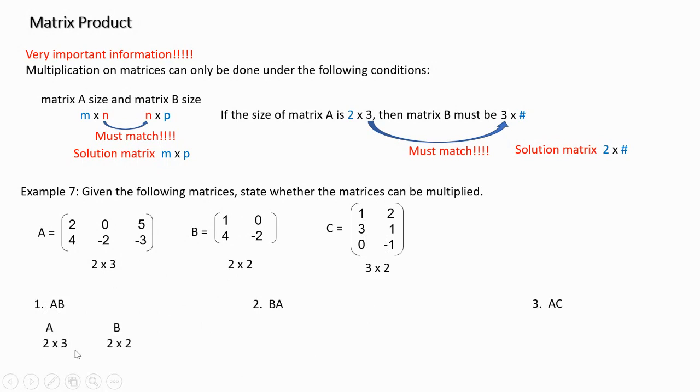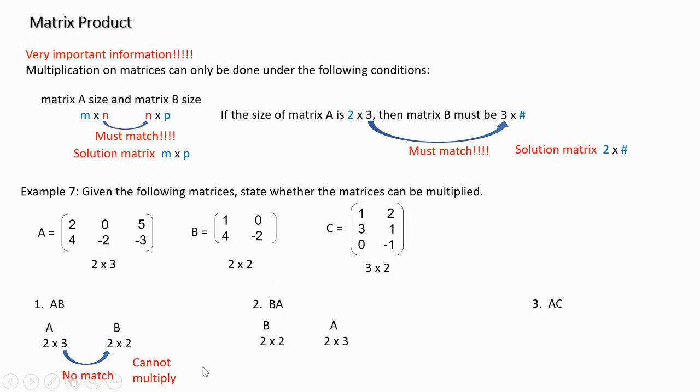Okay, so A is 2 by 3 and B is 2 by 2. This cannot be done. How about B times A? Can we do this one? Let's give a hint. Let's put matrix B first.